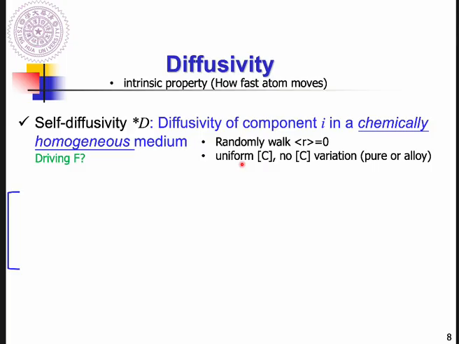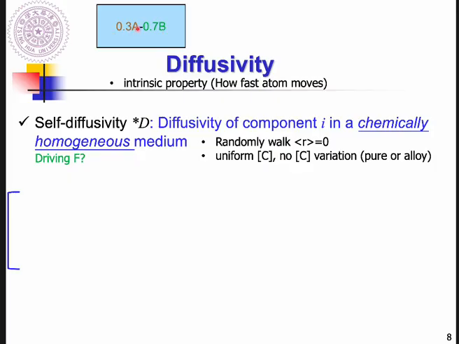And with uniform concentration, the first thing that comes to mind for some people is probably pure metal or pure material. But this is not limited to pure materials. An alloy is also okay. For example, we have 0.3A and 0.7B.